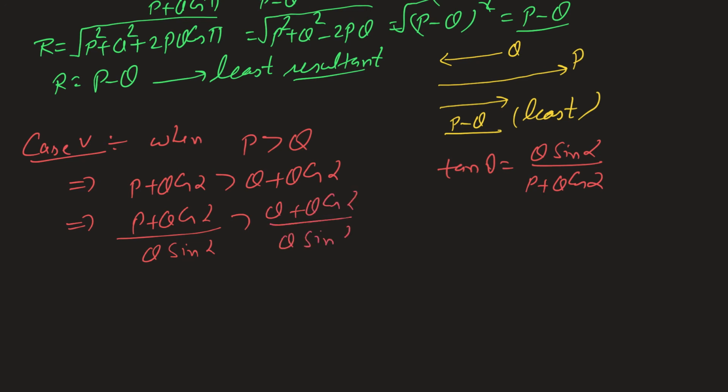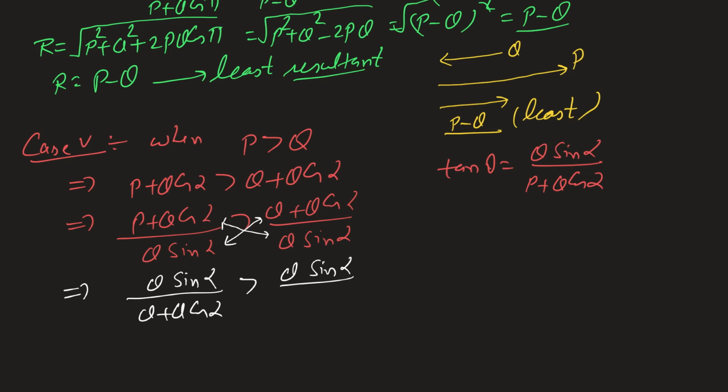Now I am going to switch this: Q sin alpha divided by P plus Q cos alpha is less than Q sin alpha divided by Q plus Q cos alpha.